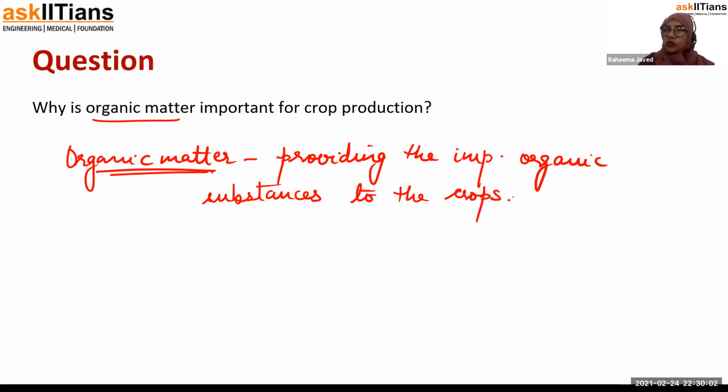Basically, you can say soil also. And these organic substances are carbon, hydrogen, oxygen, and nitrogen containing compounds, which is very important for the metabolism in the germinating plants.